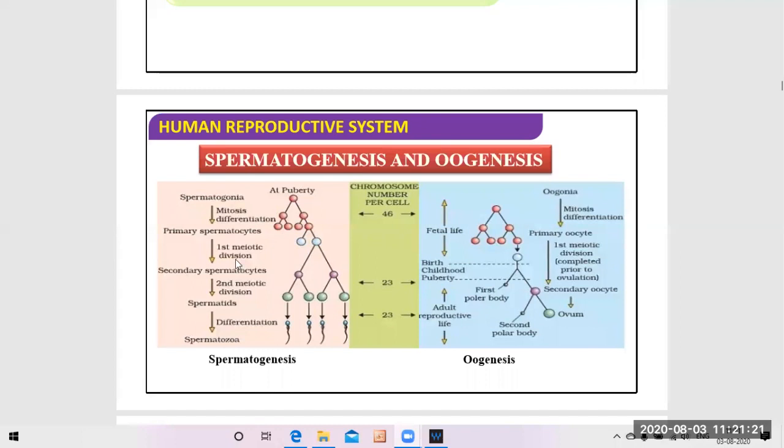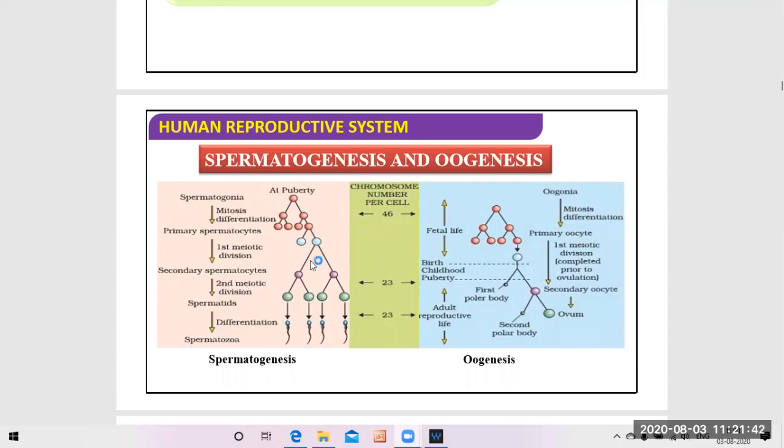What happens in the first meiotic division? From the four cells, one cell divides again into two, and that one cell again continues the generations. Continuing generation means that it participates in the divisions. These are the secondary spermatocytes.